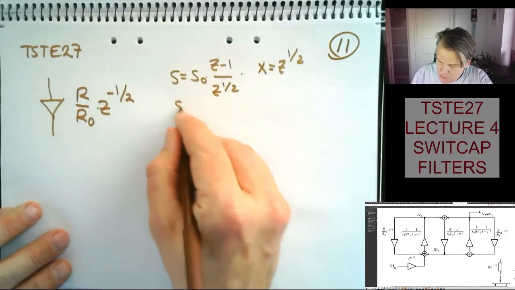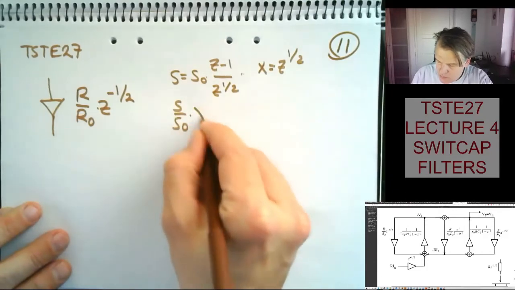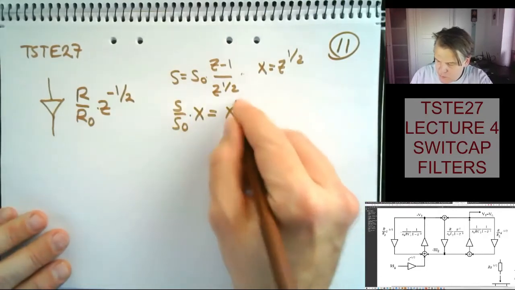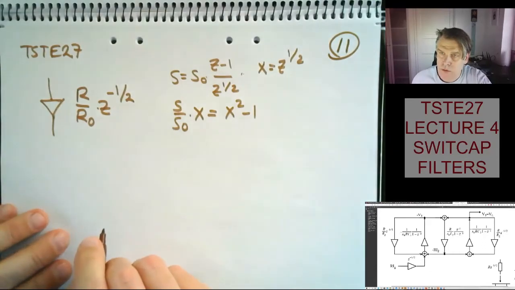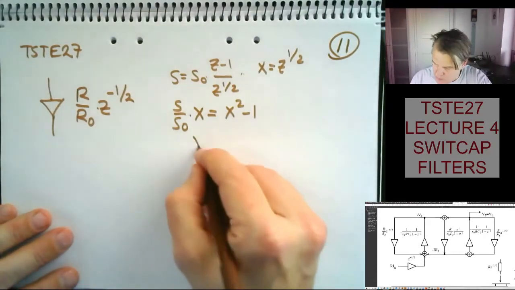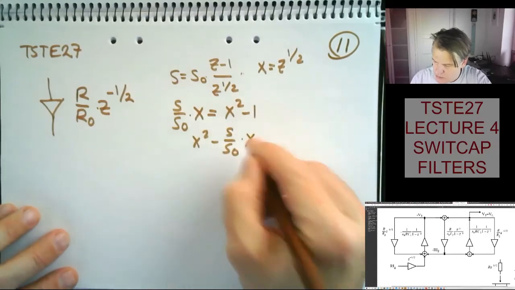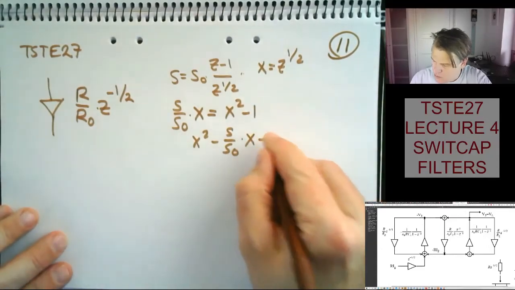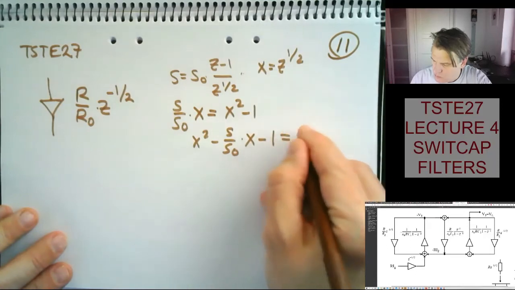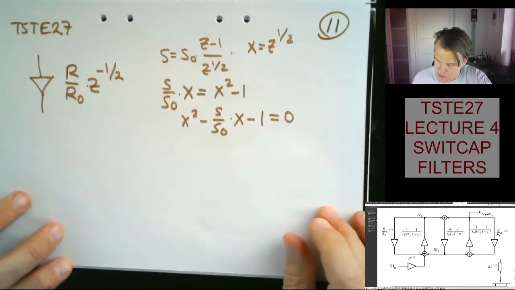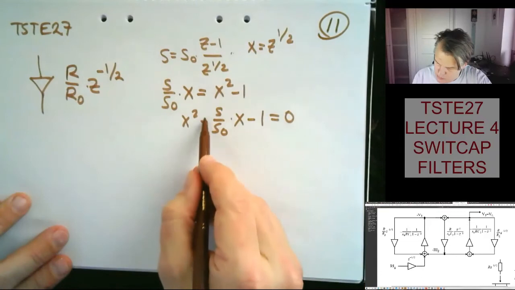And then we have S divided by S naught times X is equal to X squared minus 1. And then I have X squared minus S divided by S naught times X plus minus 1, sorry, equal to 0. And that should be plus.